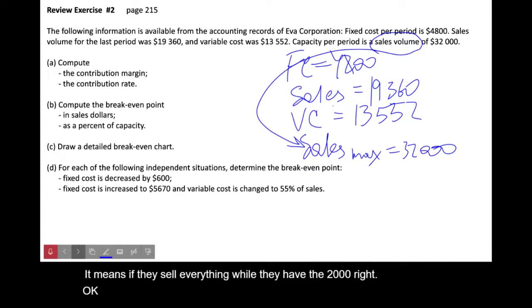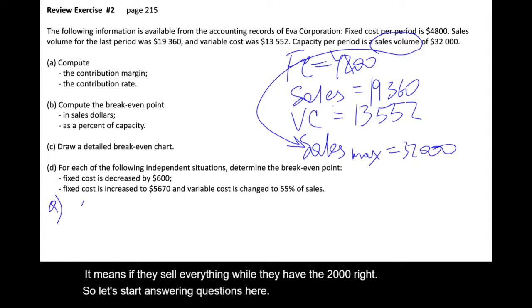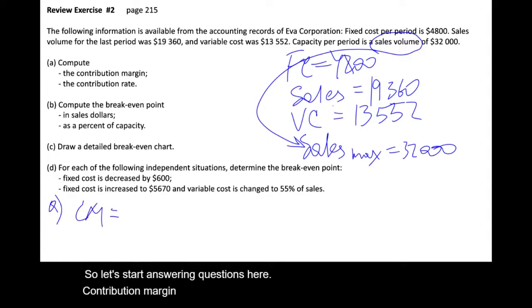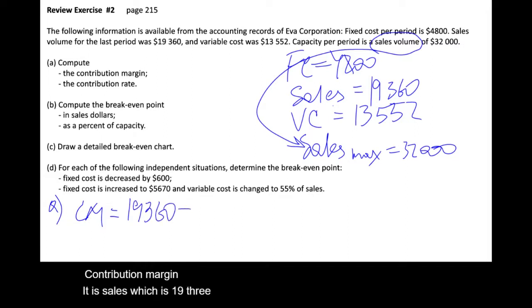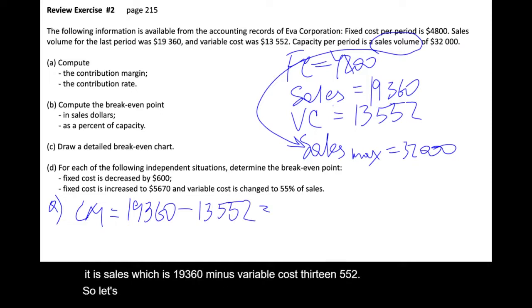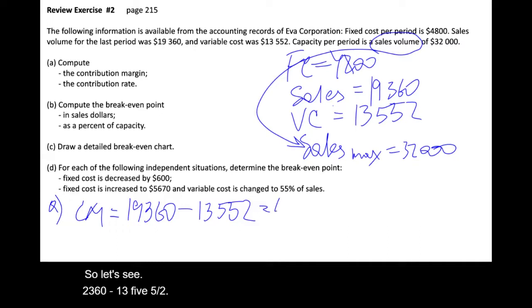Okay, so let's start answering questions here. Contribution margin, it is sales, which is 19,360 minus variable cost 13,552. So let me see. 19,360 minus 13,552, $5,808.